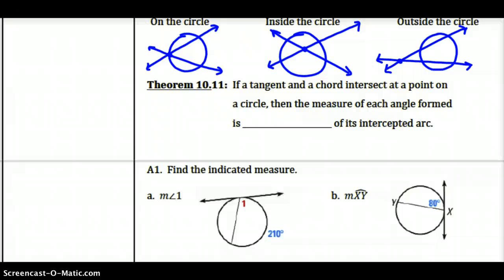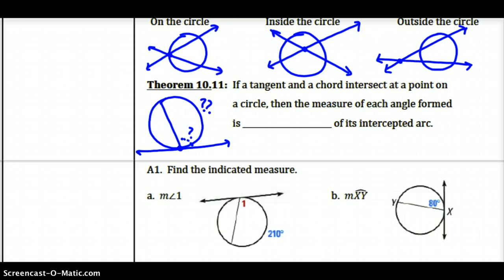If a tangent and a chord intersect at a point on the circle, then the measure of each angle formed is blank of its intercepted arc. So let's go ahead here and draw this. So if I have a tangent, point of tangency, and I have an angle formed, what is the relationship between this and this angle here?